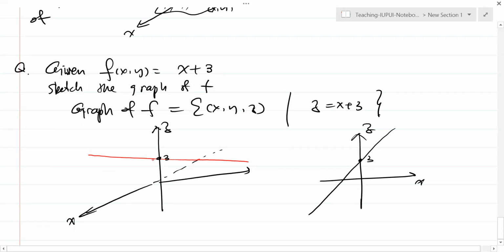But there's no restriction on the y variable, so it's a little bit challenging to draw. I'm going to draw the horizontal line parallel to this, and maybe that helps.